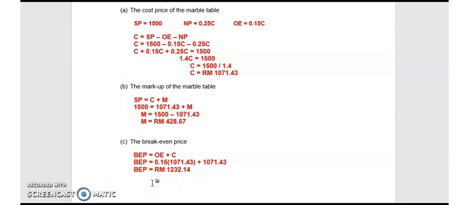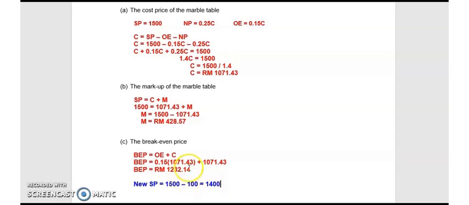Okay, I give a situation. Let's say your customer asks for a discount of 100 ringgit. Just now selling price is 1,500. The new selling price is 1,500 minus 100 ringgit, which is 1,400. In this case, will you suffer a loss or still gain profit?